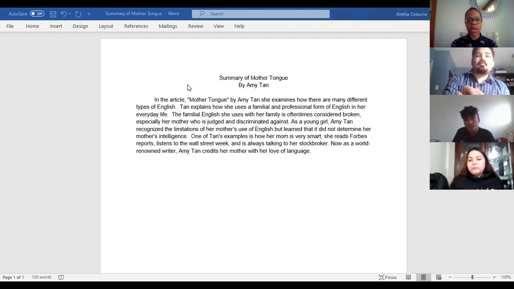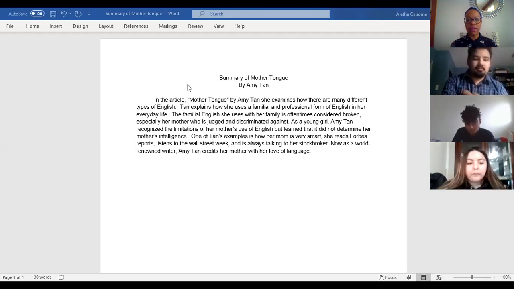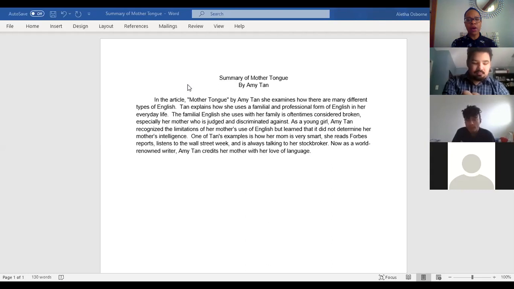I think we did a good job of sticking to the criteria. We opened up with the title, author's name, use of a strong verb. We then went point by point into some of the key details that Amy Tan laid out in her article. But you guys see how the summary is brief. We didn't have to write a page about this.